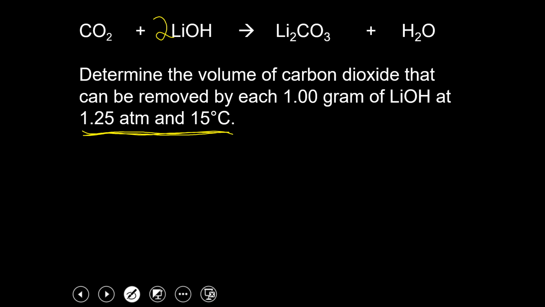If that's the case, you're going to start this the same way. You've got a gram of lithium hydroxide. So that's 1 gram. We said it was 24 grams in a mole.